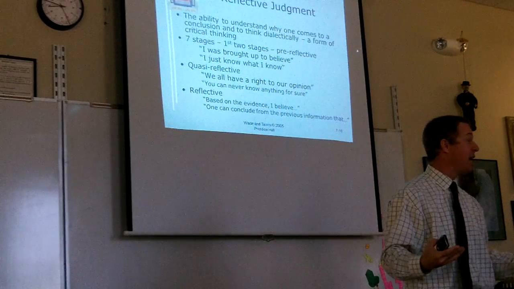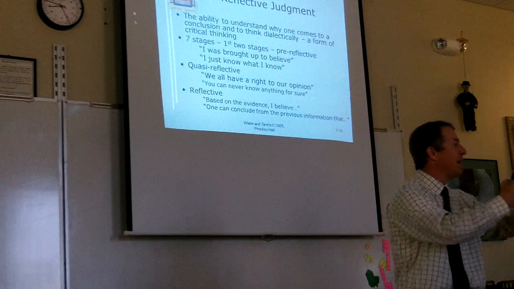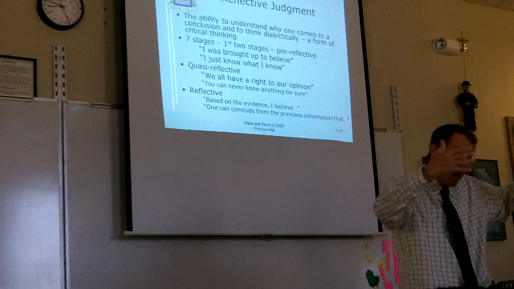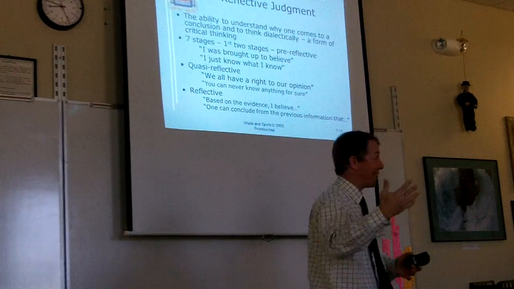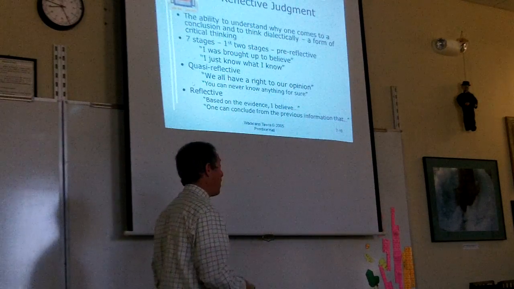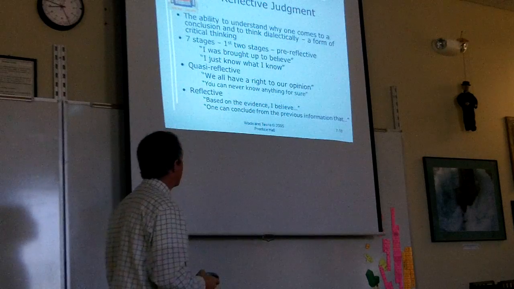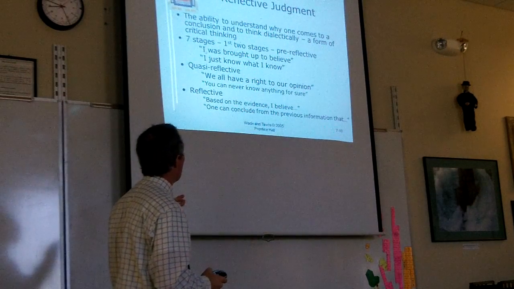A judge is a professional that's hired to sit in court and take people from the public and listen to the evidence and make judgments based on that evidence. That's using reflective judgment as your job. And so you're not supposed to do it the way stage 1 goes.